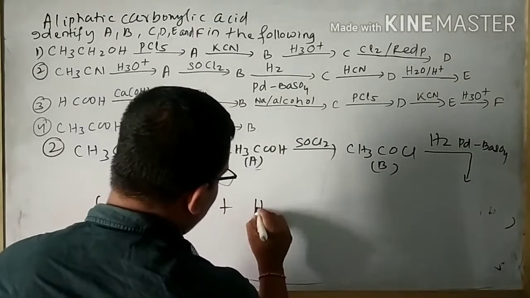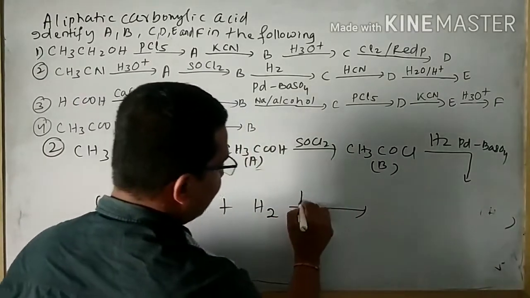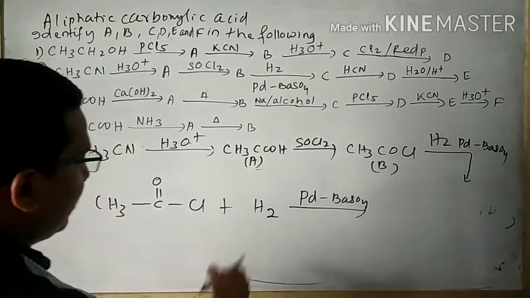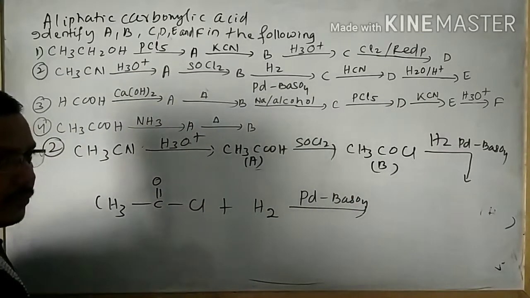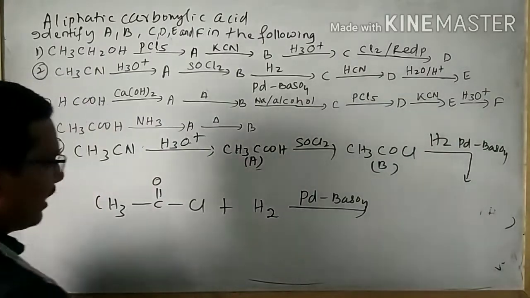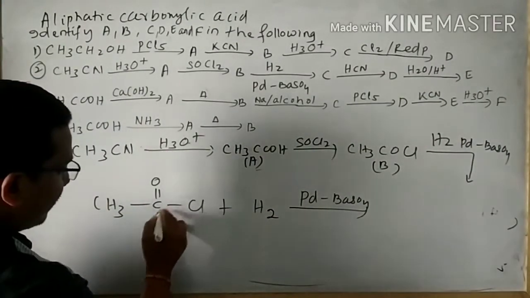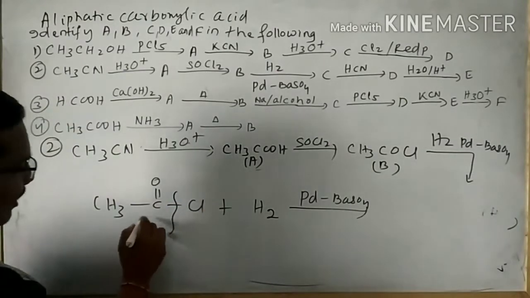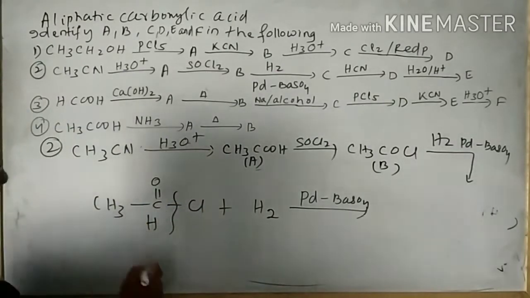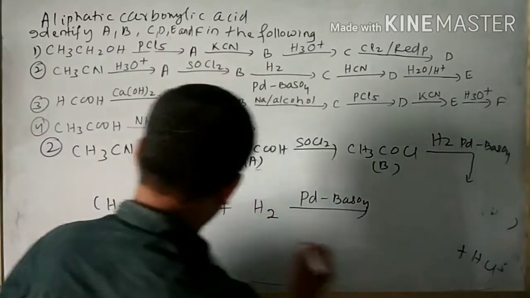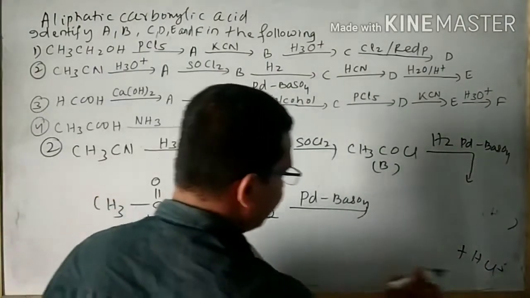It is subjected to reaction with hydrogen in the presence of palladium, barium sulfate. Now this hydrogen is converted into nascent hydrogen, and it helps to reduce the acid chloride. Now I will break this bond and give one hydrogen atom to this carbon atom and one hydrogen atom to the chlorine atom. So the byproduct is HCl.